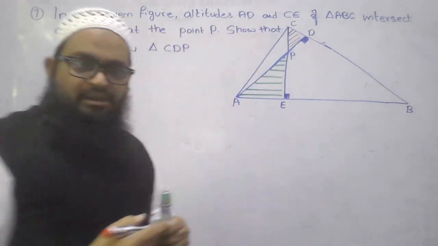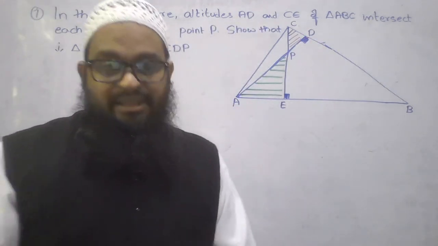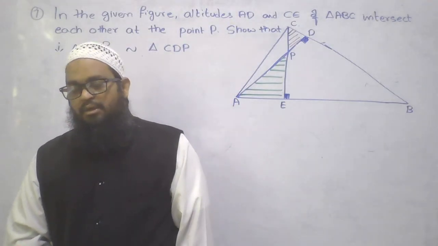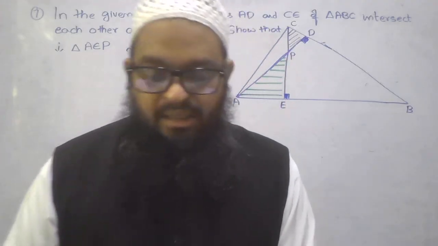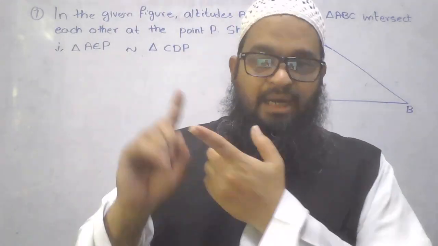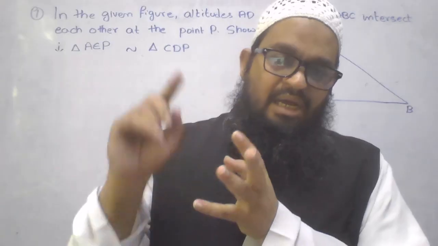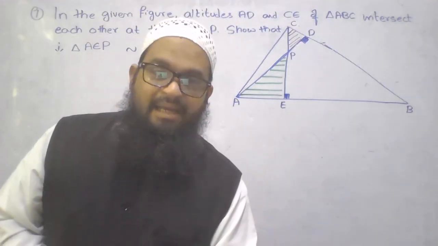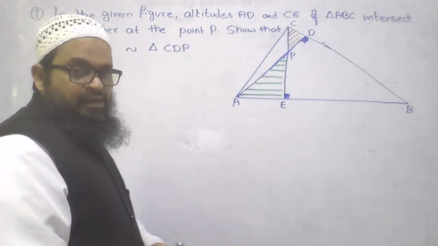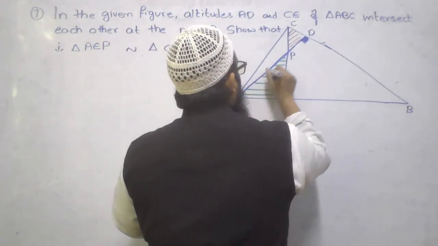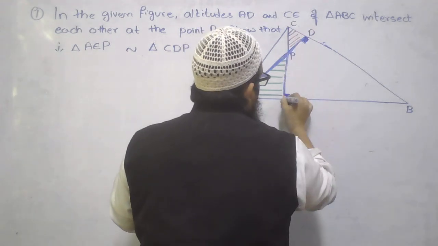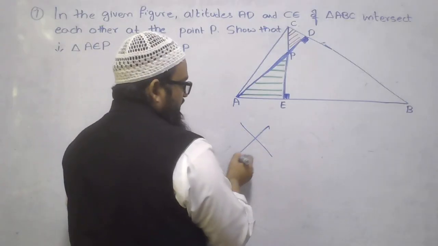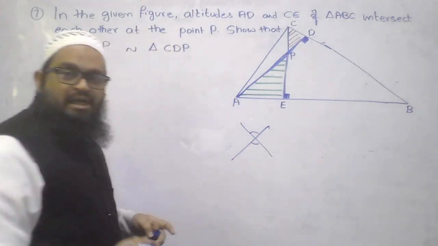Now tell me, my dear students, you have to show that they are similar. Whenever they ask us to prove similarity or show that two triangles are similar, you have to go with angle, angle, angle, or side, side, side, or side, angle, side. Let us see first whether we can find angle, angle, angle. This line and this altitude are intersecting at P. When two lines intersect at P, what are these two angles called?